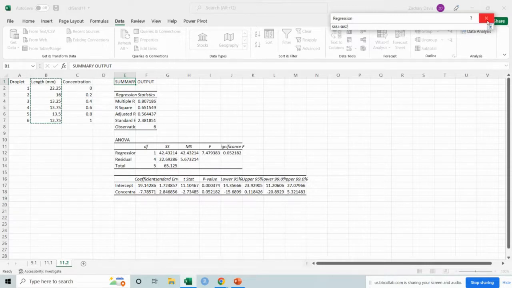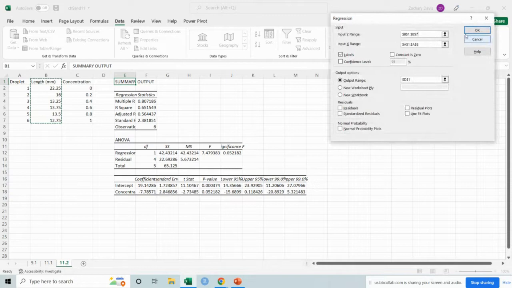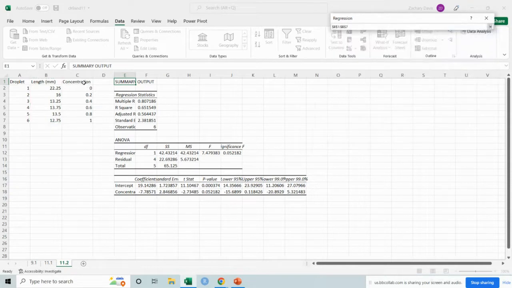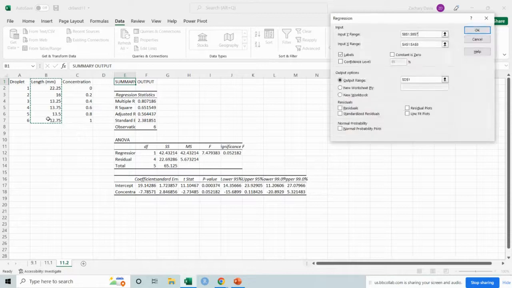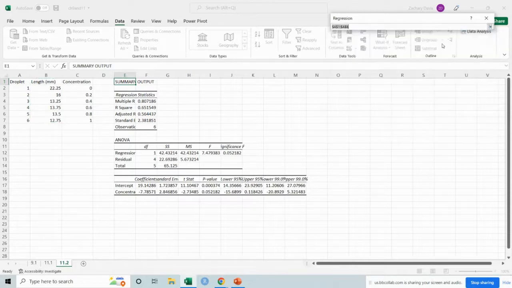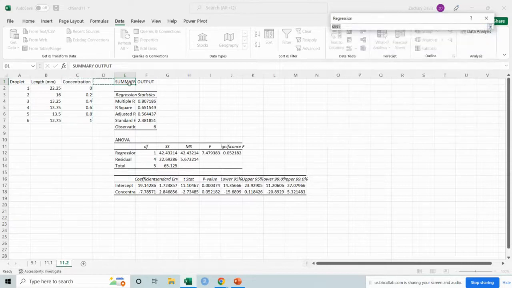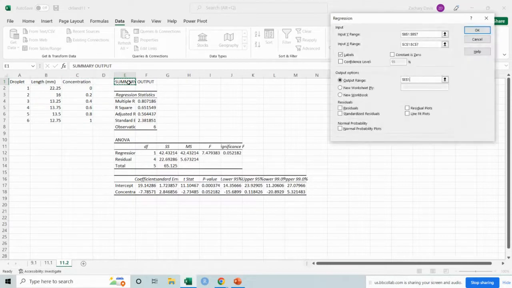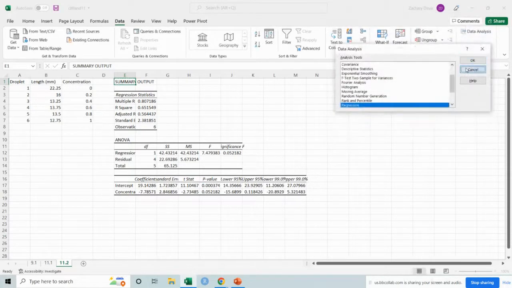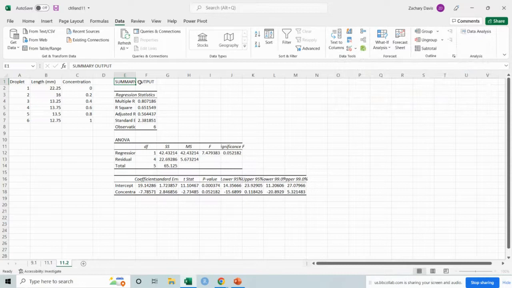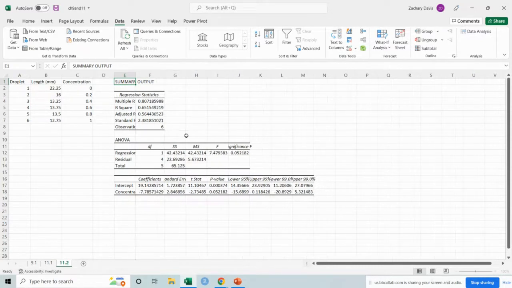Wait, I think I want it the other way, sorry. So our y value is length. That was right. And then for our x value, our variable of interest is the concentration. So then I would output E1 in this case, make sure I put labels, and then it would generate these results. So once again, that's how you set up the regression.